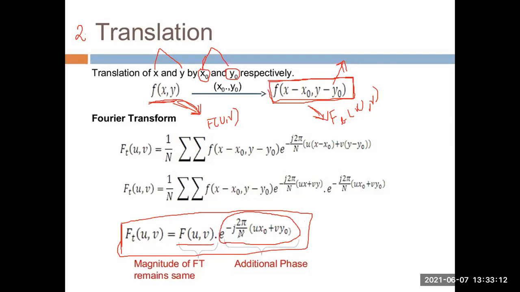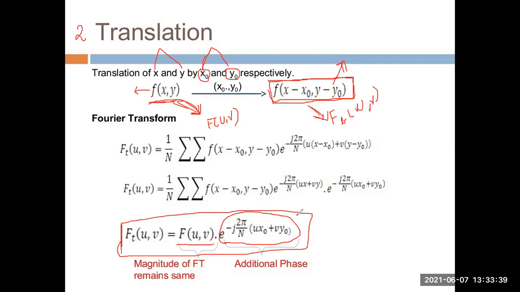Now, what happens when we perform a translation in the spatial domain or time domain? What will be the changes in the frequency domain? The changes in the frequency domain will be in terms of the phase spectrum. The magnitude of the image remains the same, that means the magnitude spectrum will remain the same.